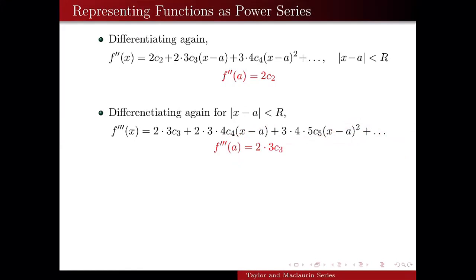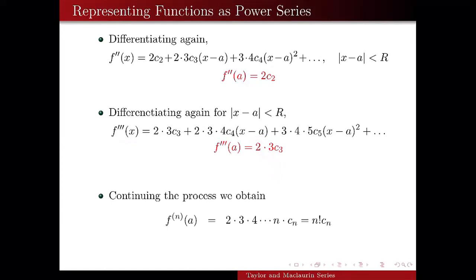Then we differentiate this again. We will be able to find the value of f quadruple prime, or the fourth derivative of f evaluated at a. And that will be some constant times c4, and etc. You do the differentiation, and you will end up with the following.